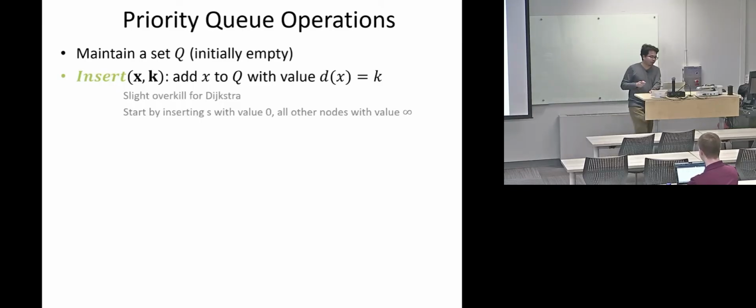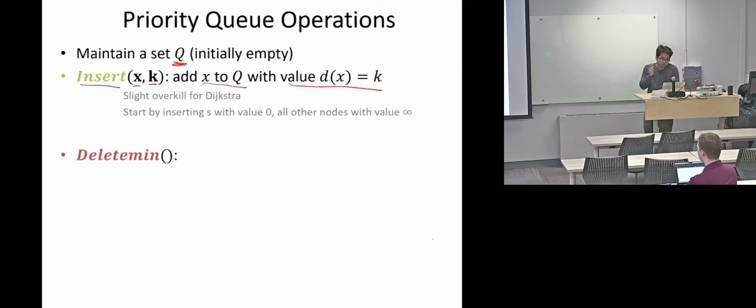So with a priority queue, you basically maintain a set. And what can you do with this set? The first function is insert: insert x with key k into the queue, so add x to the queue with value of x equal to k. Next, you can also delete min.